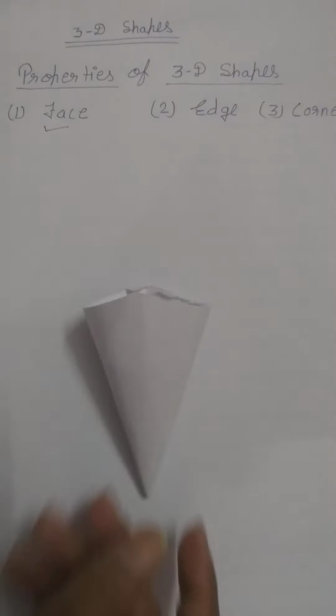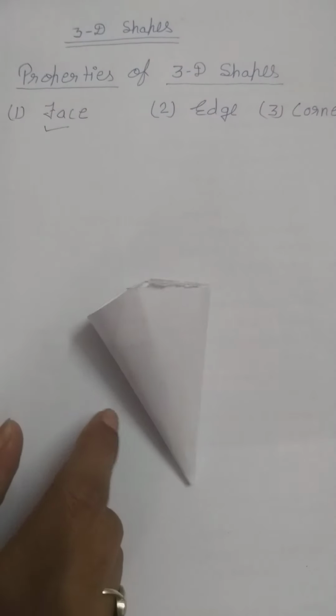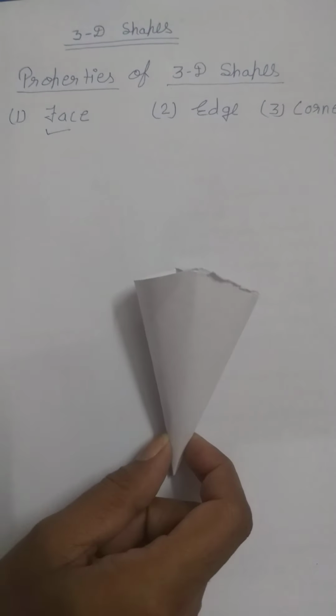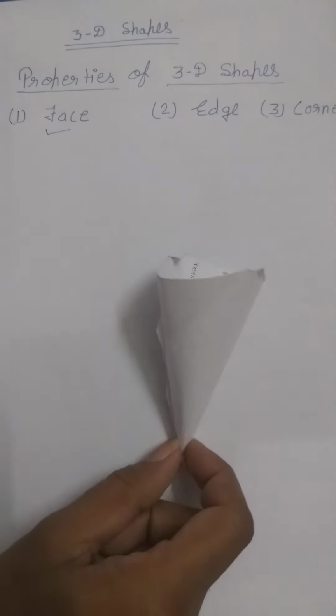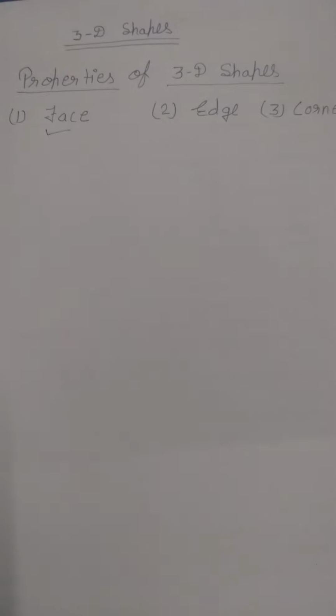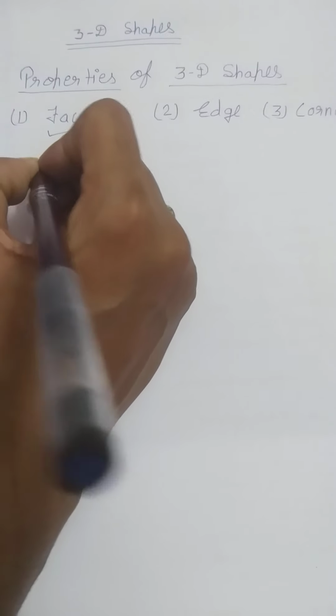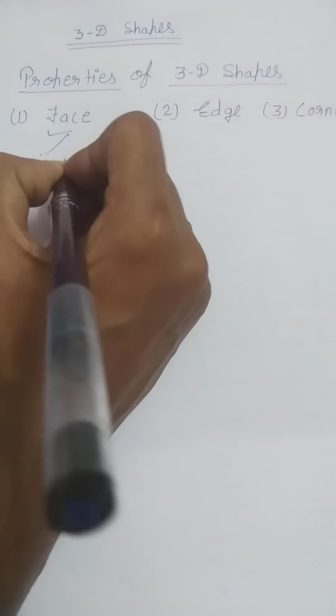But if I put it like this, it will move. What will it do? It will move. So this one is curve face. Okay. Now in faces we have 2 types. First we have flat face.